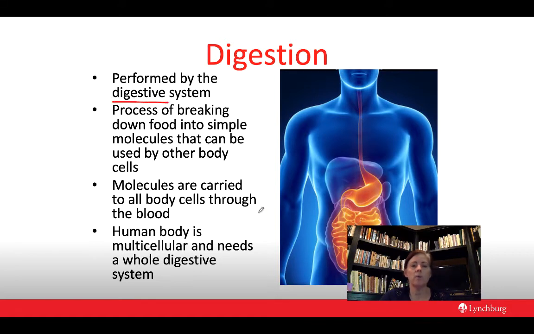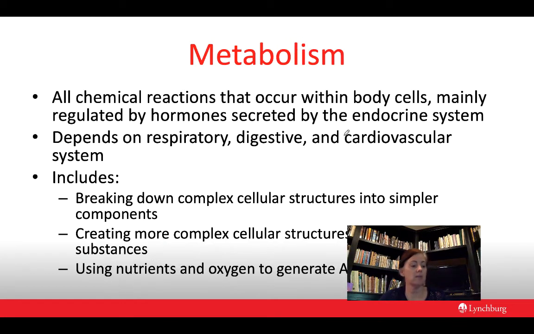And this is a great example of how we have this relationship between different organ systems, because our digestive system is responsible for absorbing the nutrients, but then those nutrients are actually going to be absorbed into our bloodstream and are going to be taken back to the heart so that they can be pumped out to the rest of the body.